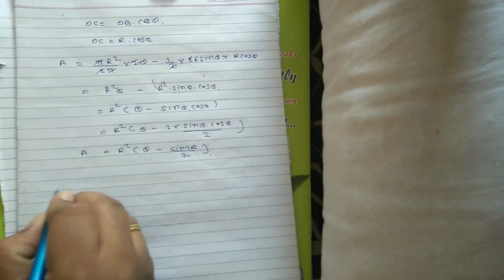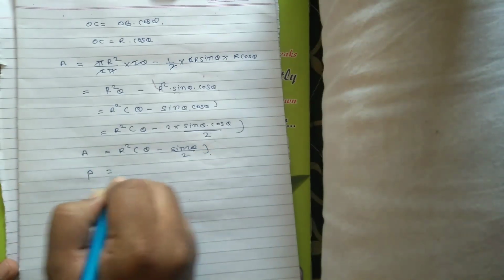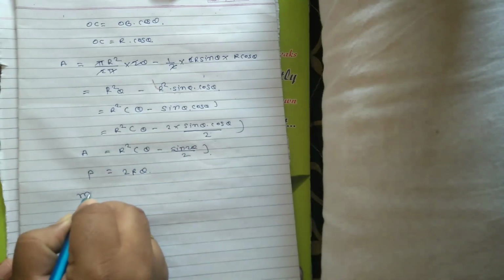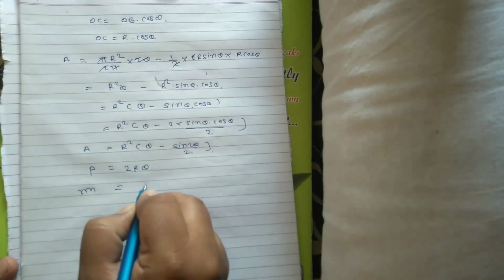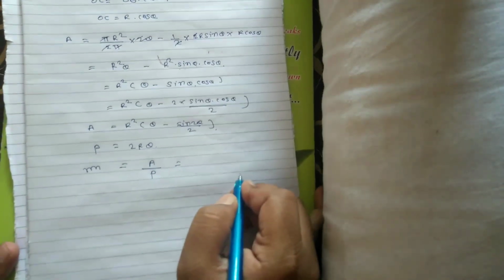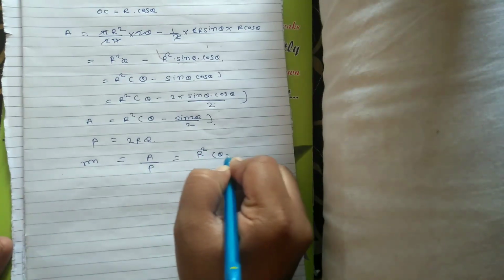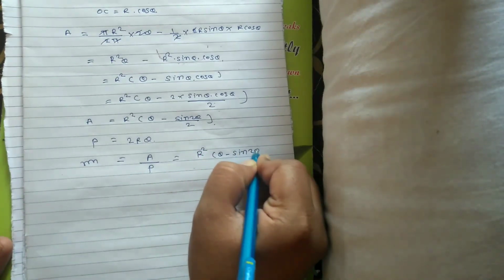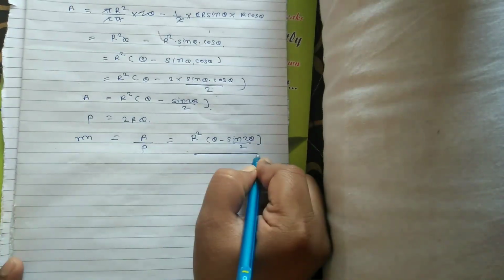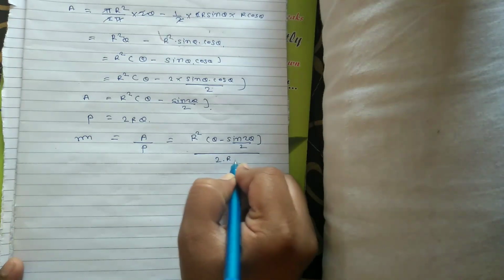Now we have calculated the weighted area and the weighted perimeter. What is the weighted perimeter? It is nothing but 2r theta. What is hydraulic mean depth? Hydraulic mean depth is nothing but weighted area by weighted perimeter. The weighted area is r square into theta minus sine 2 theta by 2, divided by the perimeter, 2r into theta.